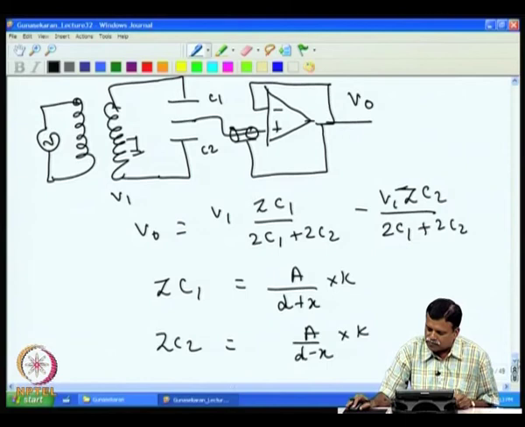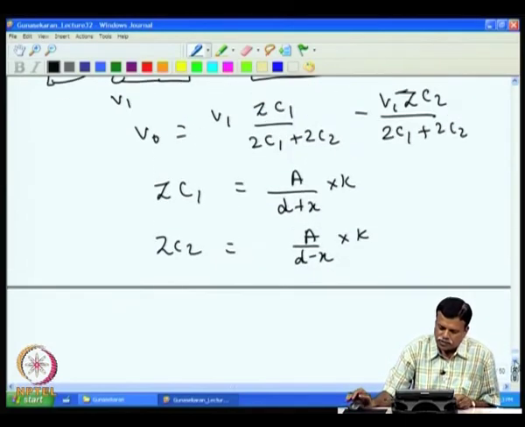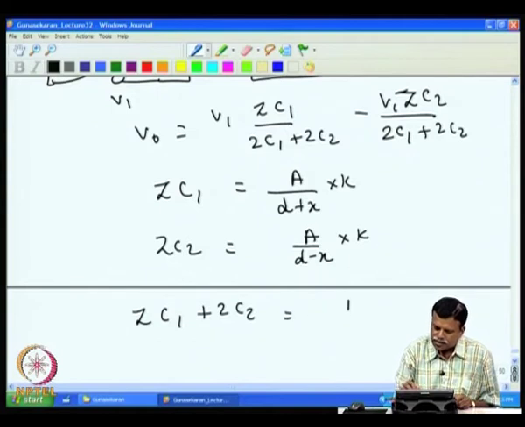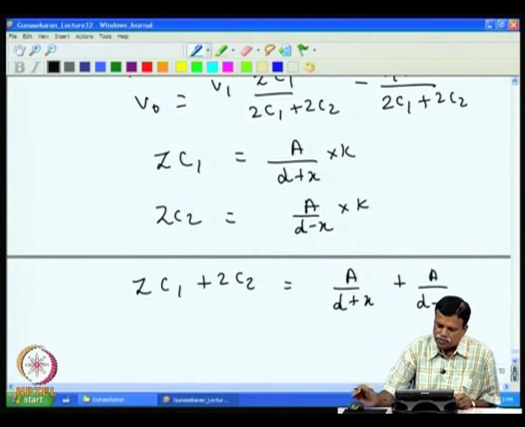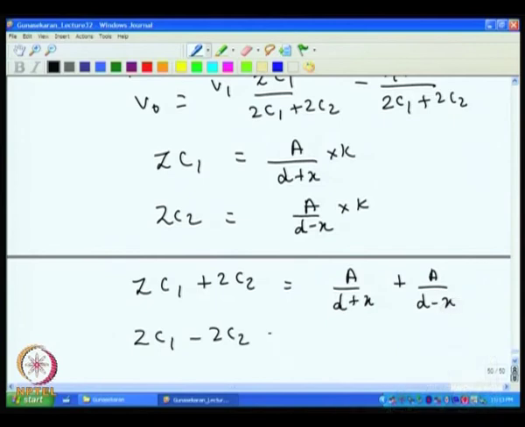At this point of time we keep it as constant. Then if you find ZC1 plus ZC2, that comes as a by d plus x plus a by d minus x, and ZC1 minus ZC2 comes as a by d plus x minus a by d minus x.